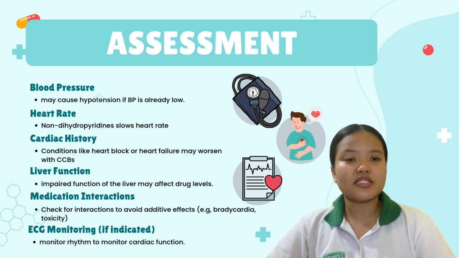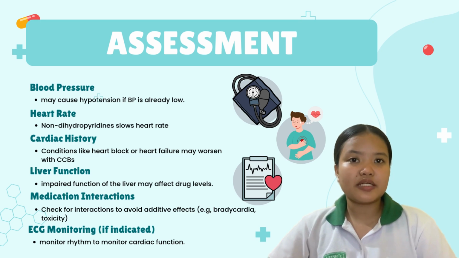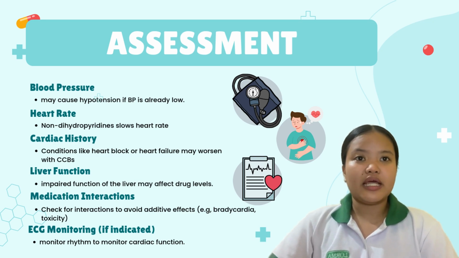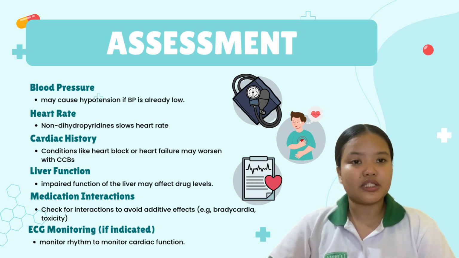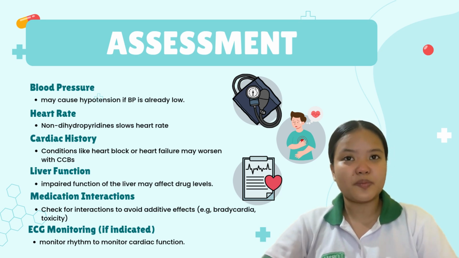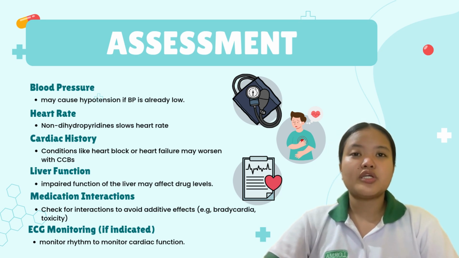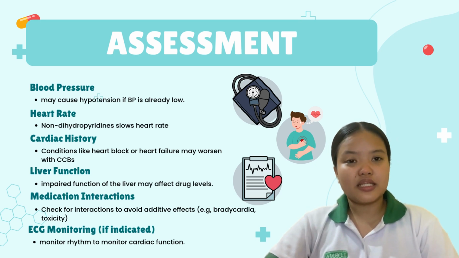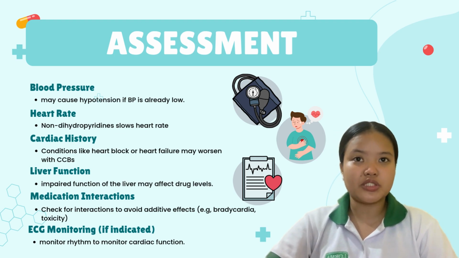The fourth one is to check the patient's liver function. CCBs are metabolized by the liver, and impaired function may affect drug levels. So the action is to monitor liver enzymes and adjust dosage if needed. The next one is medication interactions. CCBs interact with beta blockers, digoxin, and grapefruit juice.